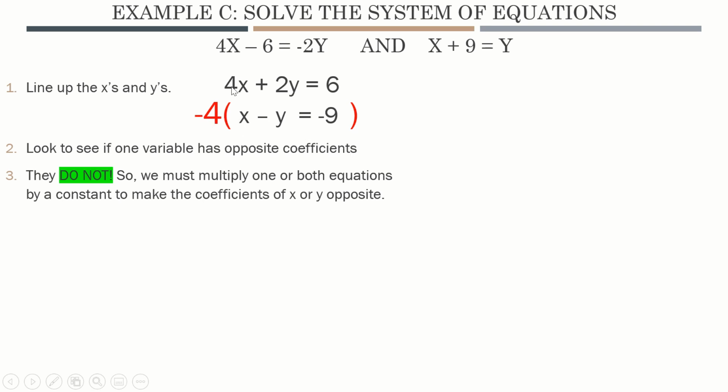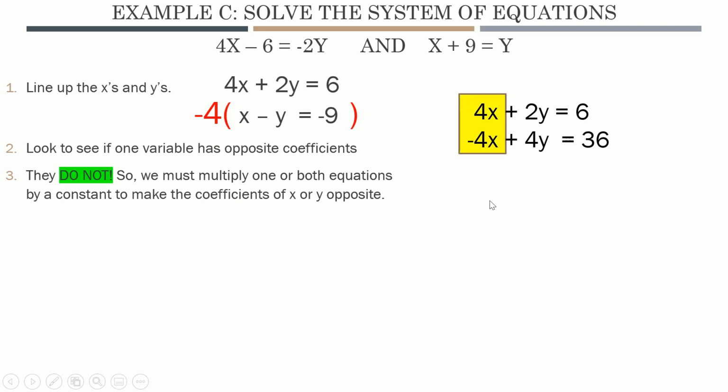I know that negative 4 is the opposite of positive 4. So as I distribute this -4 to each value inside the parentheses, I rewrite my equation. The top stays the same, but the bottom is now -4x plus 4y and positive 36. Each value has been multiplied by -4.